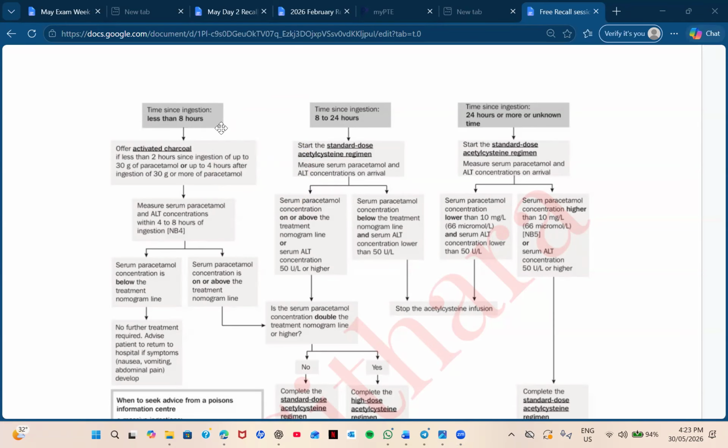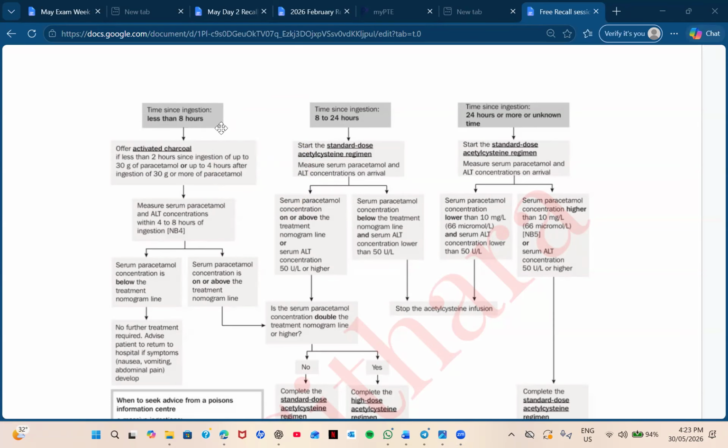Anyway, whether or not you have offered activated charcoal, the most important part is to measure the serum paracetamol level. This is the most frequently asked part, so it's a very important point. You have to measure the serum paracetamol level and ALT concentration within 4 to 8 hours.